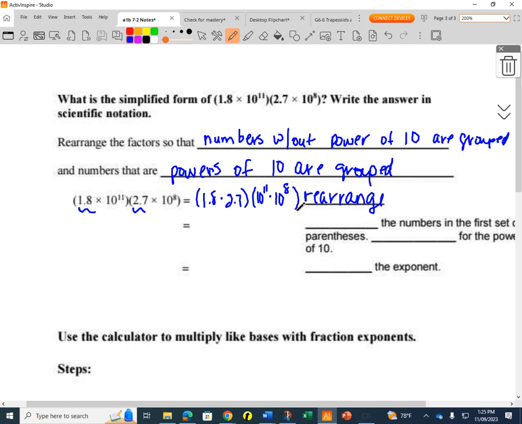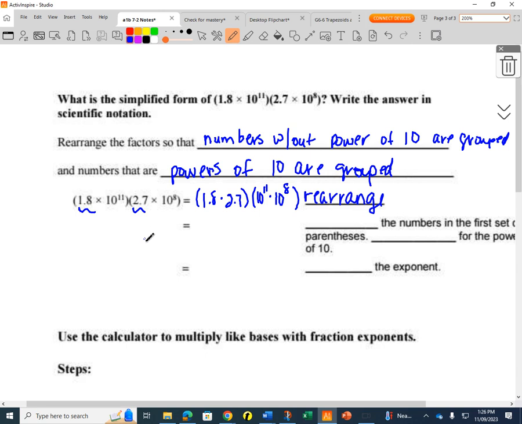Does that part make sense? The order doesn't matter when you're multiplying. It's like 3 times 5 is the same as 5 times 3, right? If we have 2 times 3 times 5, you can put those numbers in any order you want. What we have here is 4 different numbers basically that are being multiplied, so we can rearrange them.